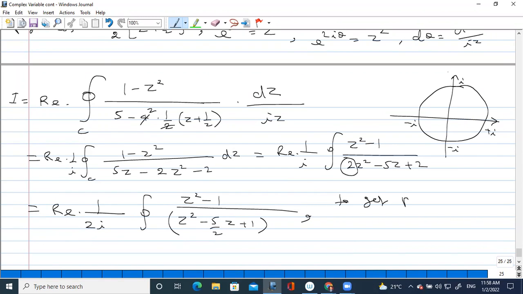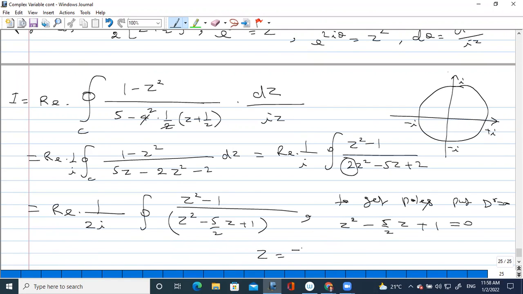So to get poles, put the denominator equal to 0: z square minus 5 by 2 z plus 1 equal to 0. From here again you can use the Sridharacharya formula.